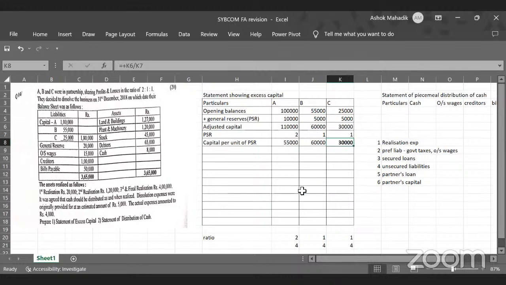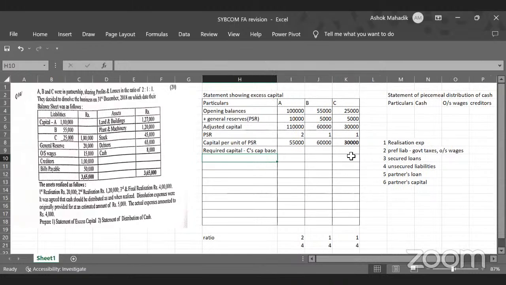Okay, so I'll just make it bold. Now, taking C's capital as base, find out required capital. Now I'll write required capital. C's capital is the base. So taking C's capital as base, I will calculate how much capital the other partners should have brought.